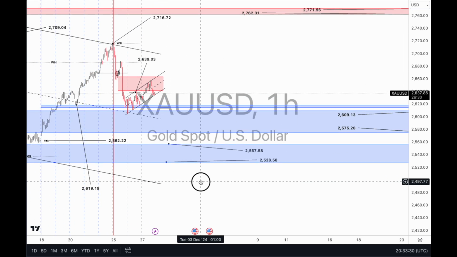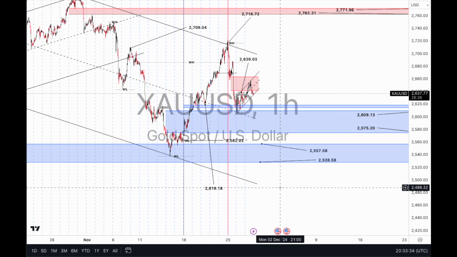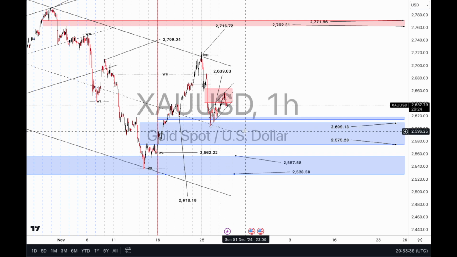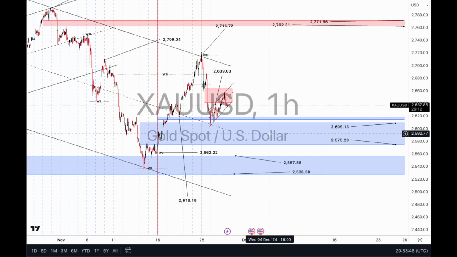So as it stands, the FVG zone that price has just left from, which is this one right here, on the high side we're looking at 2609.13, and on the low side we're looking at 2575.20, right? So this is where price has left just now.